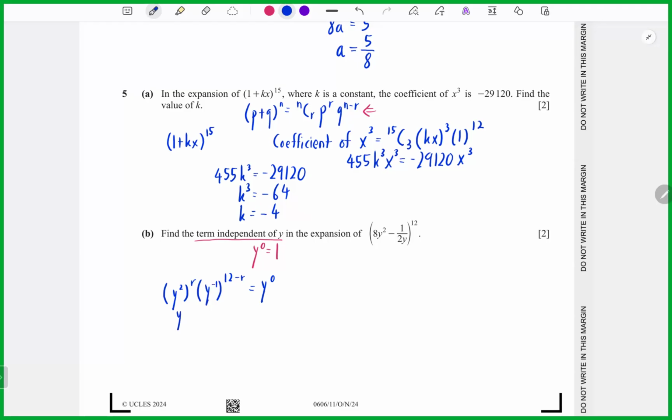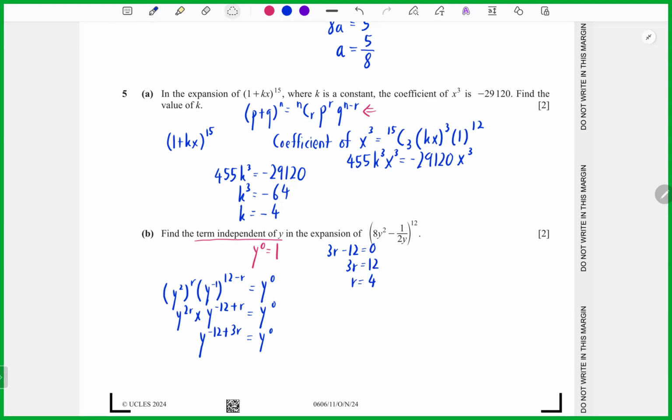So y to the 24 minus 2r times y to the negative r gives y power 24 minus 3r equals y power 0. So 3r minus 12 equals 0, 3r equals 12, r equals 4.